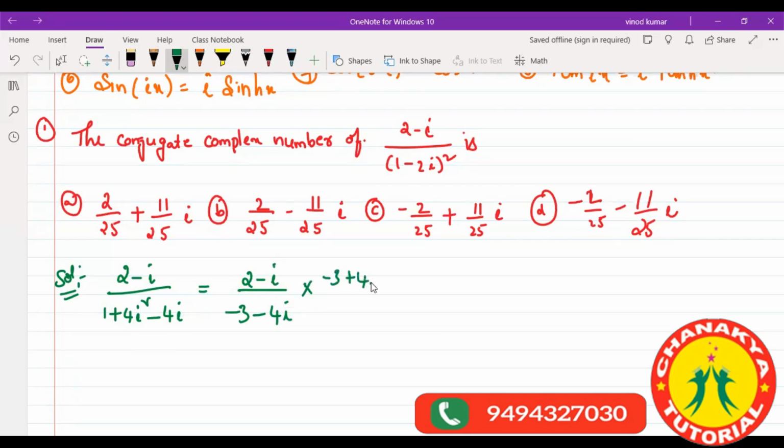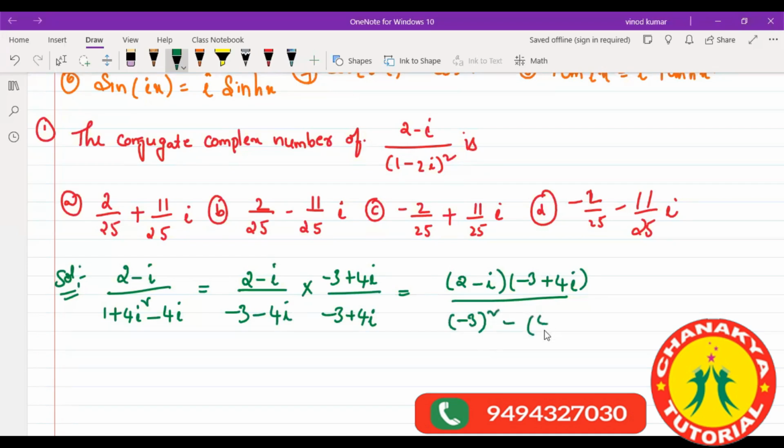Multiply by minus 3 plus 4i over minus 3 plus 4i. So here (2 minus i) into (minus 3 plus 4i), divided by (a minus b) into (a plus b): minus 3 whole square minus 4i whole square. 2 minus 3s are minus 6, 2 4s are 8i, minus of minus plus 3i, minus 4i square, divided by 9 minus 16i square.